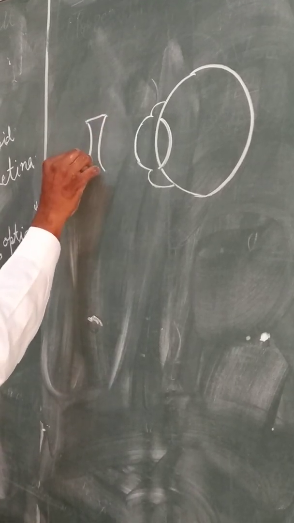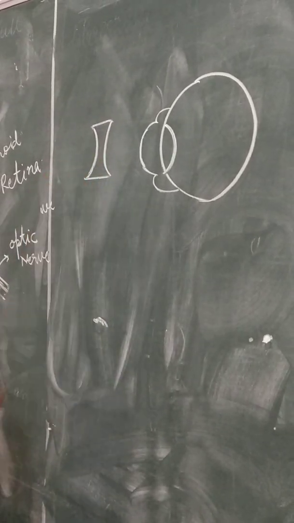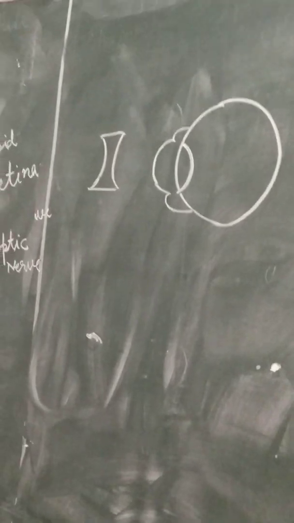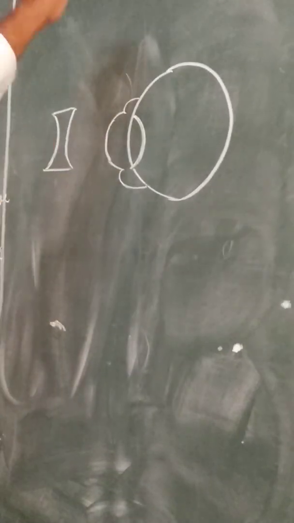This is the concave lens and it is known as a diverging lens.